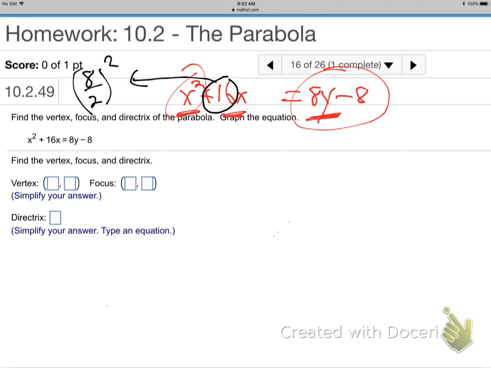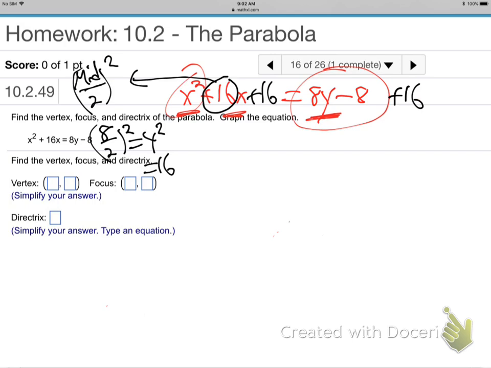You always put the middle over 2, quantity squared. That will always give you the number you need. So in this case, that's 8 over 2 squared. That's 4 squared. That's 16, isn't it? So add 16 to both sides. It's not 16.